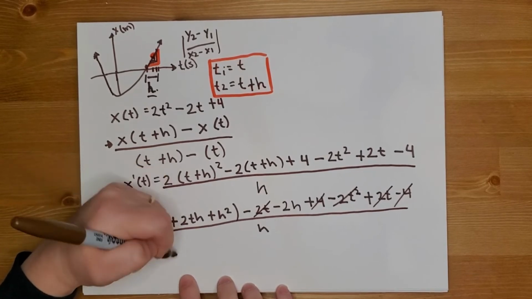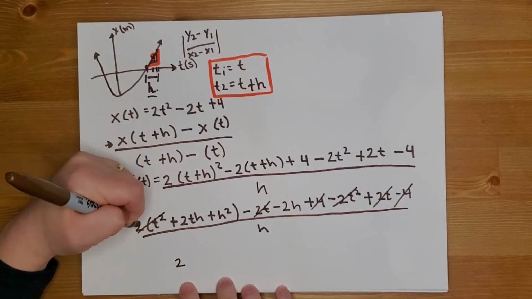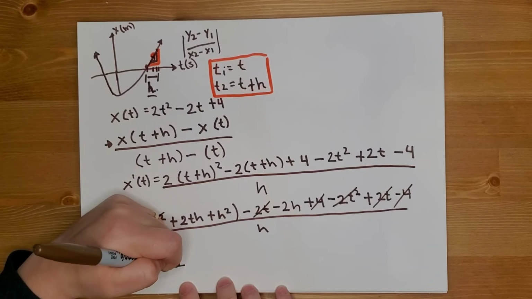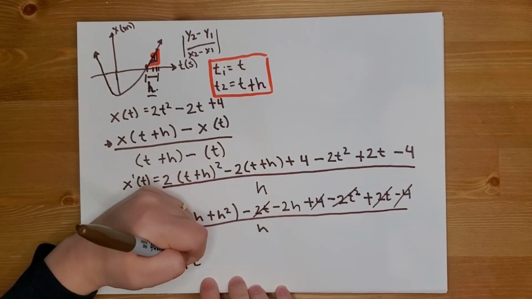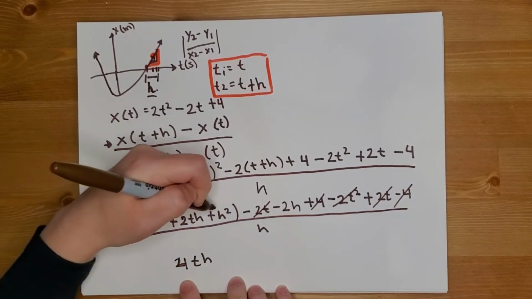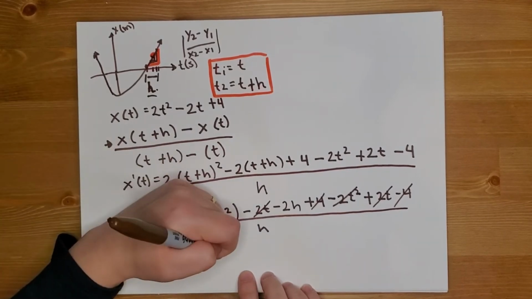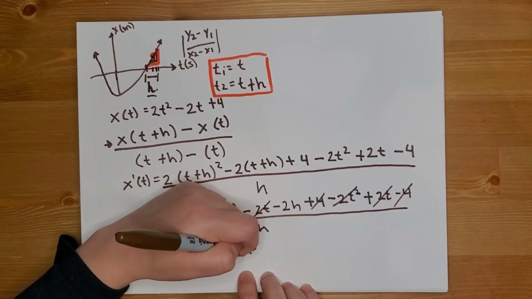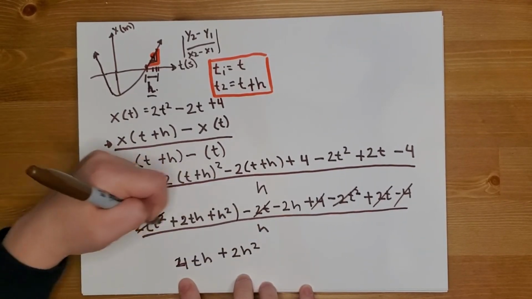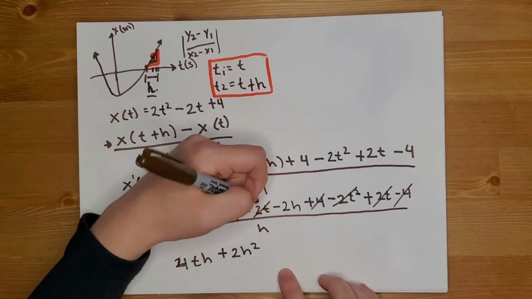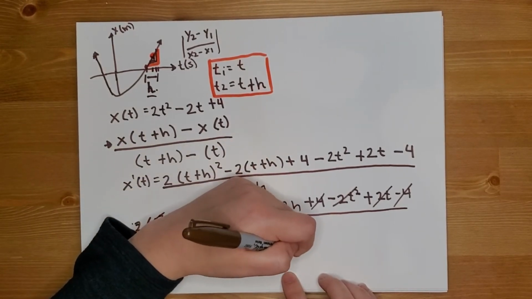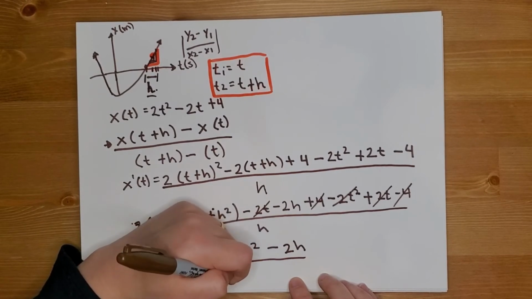So we have 2 times 2, so we have a 4th, then you have to multiply this as well, plus 2h squared, because that 2 was still multiplying that. Minus 2h over h.